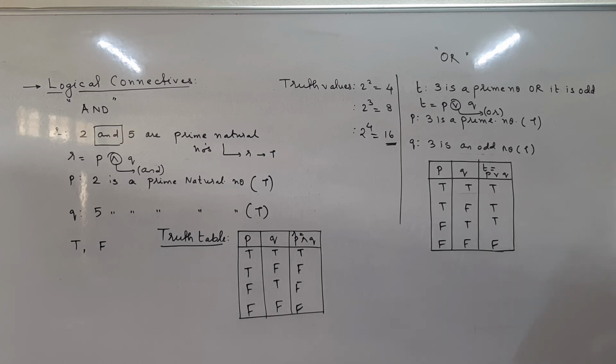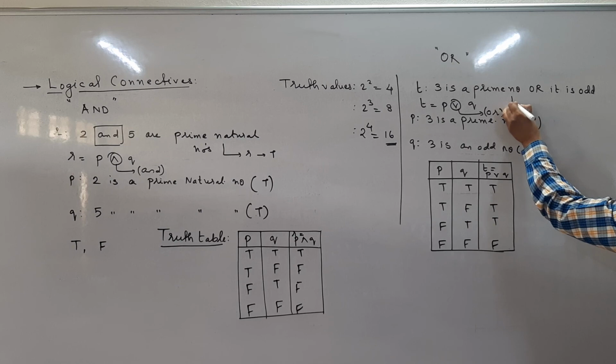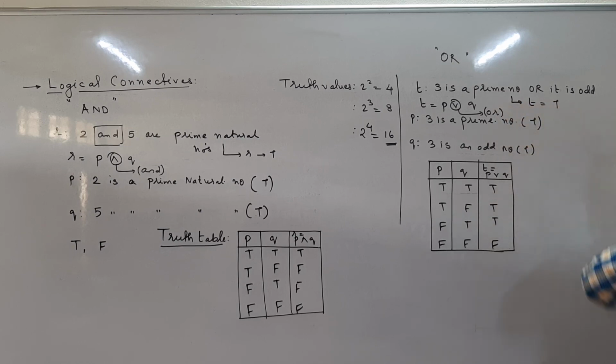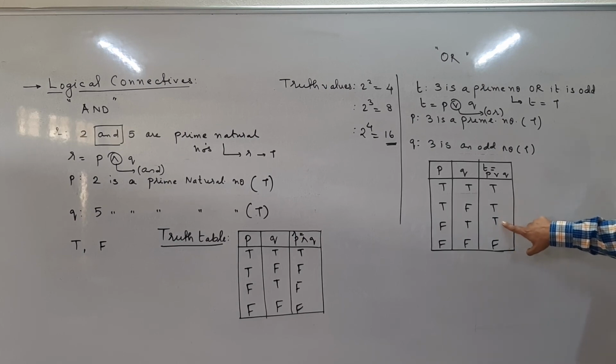Students, OR is true if either one component statement or both the component statements are true. If P and Q both are true, then the compound statement P or Q is definitely true. Even if one of the components is true, the compound statement is true.